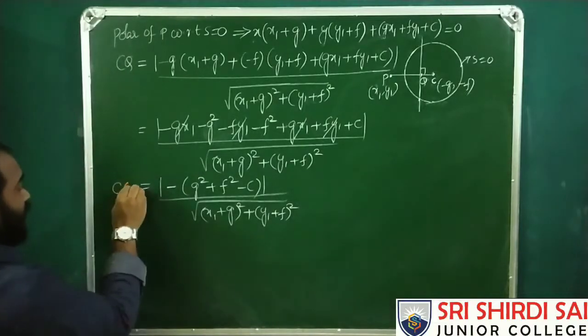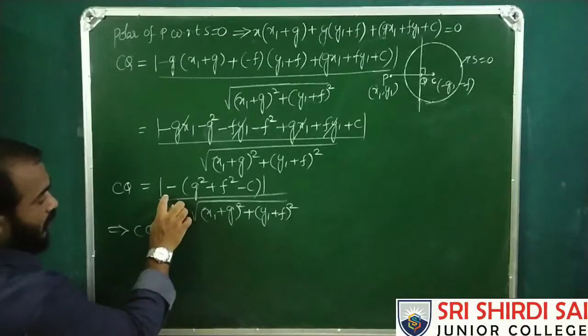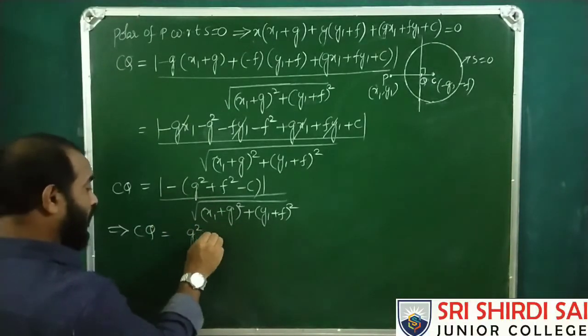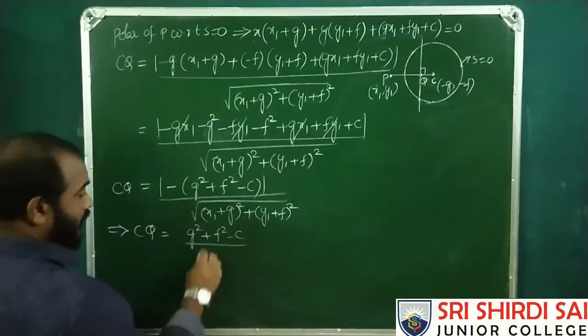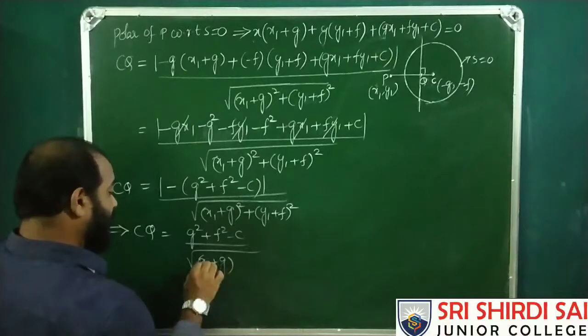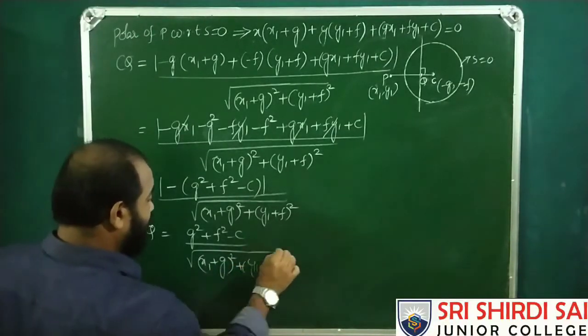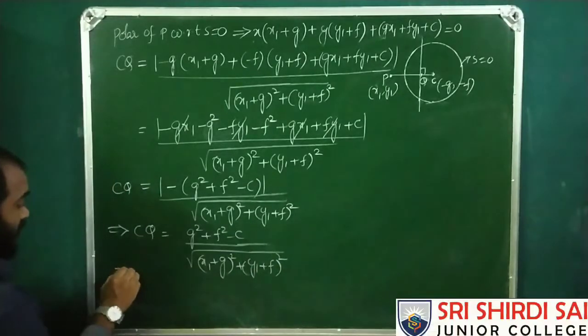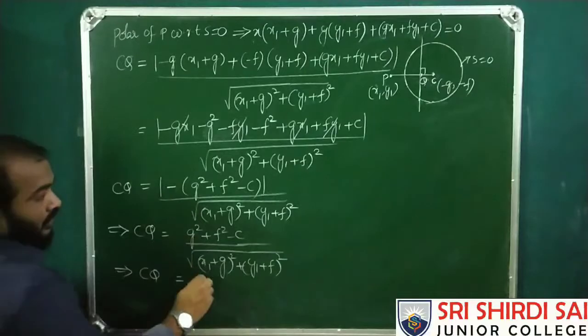It is CQ. So that implies CQ is equal to modulus of g square plus f square minus c by (x1 plus g) whole square plus (y1 plus f) whole square. What is the radius?